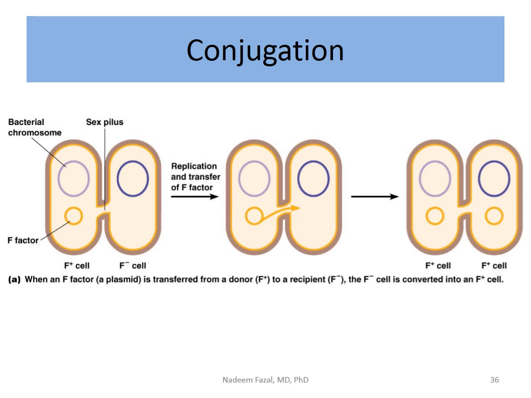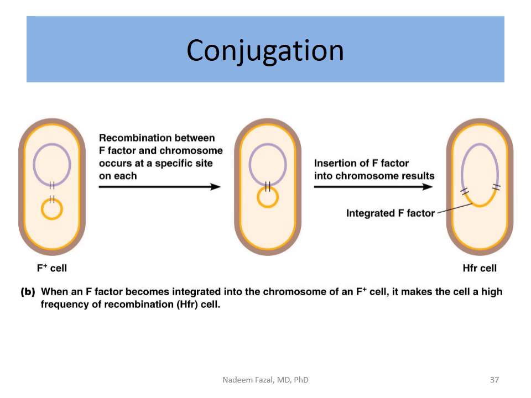Let's talk of another way. There's another way of conjugation. In this case, again, there's an F positive cell, and it has a bacterial chromosome and a plasmid over here. But instead of passing it through conjugation directly, the plasmid is going to get integrated into the bacterial chromosome.